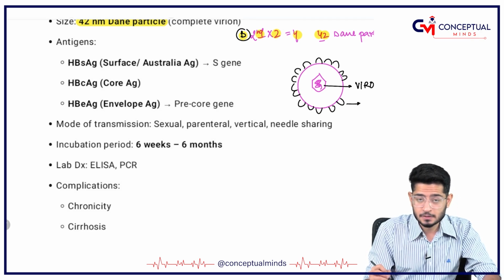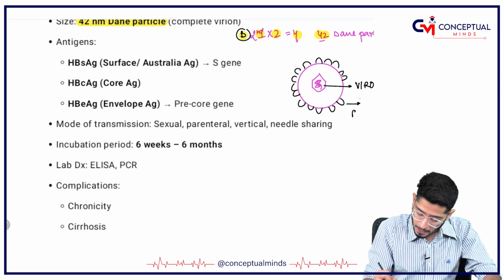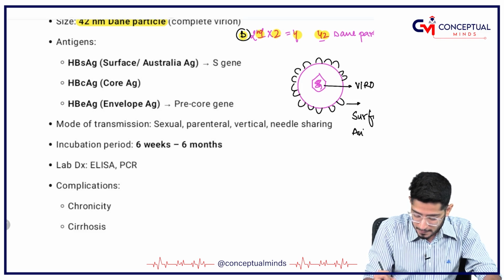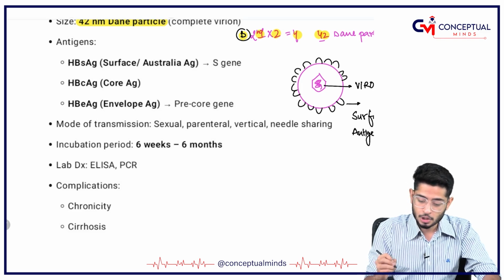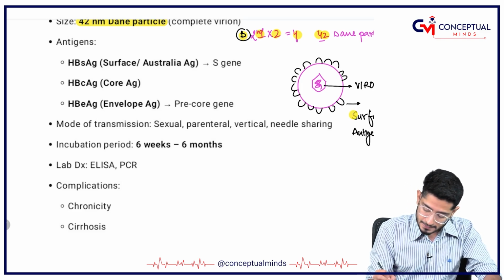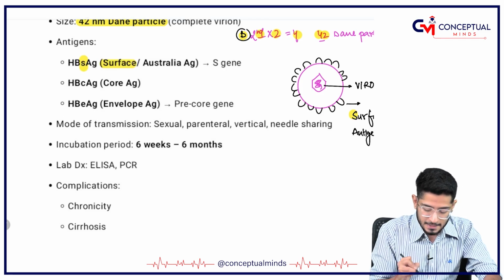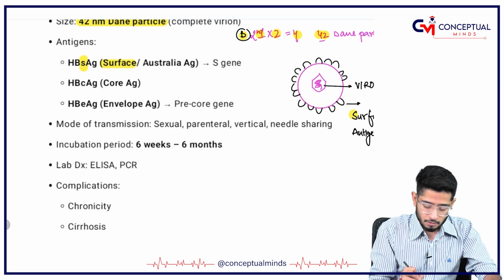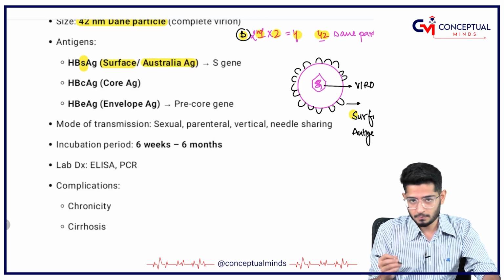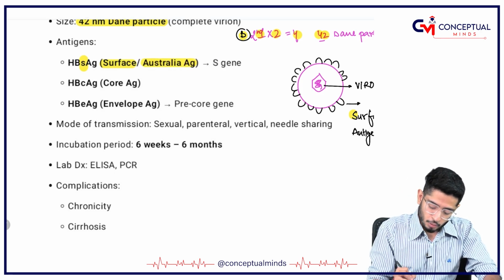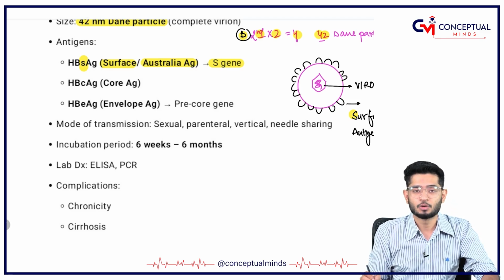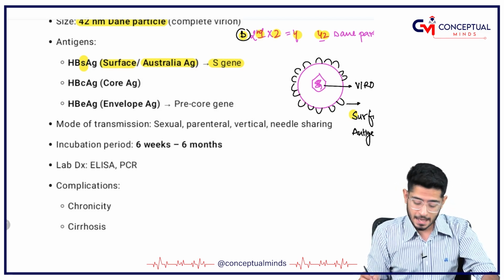This is called the surface antigen. My dear friends, surface antigen starting from S, so HBsAg. It was previously called the Australia antigen, if you can remember, and it is encoded by the S gene.